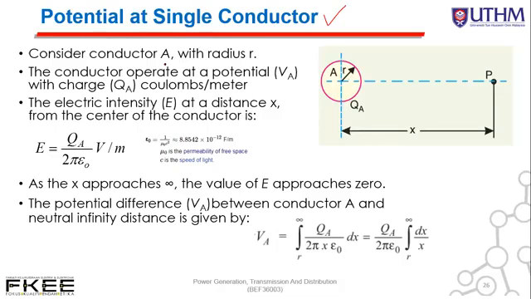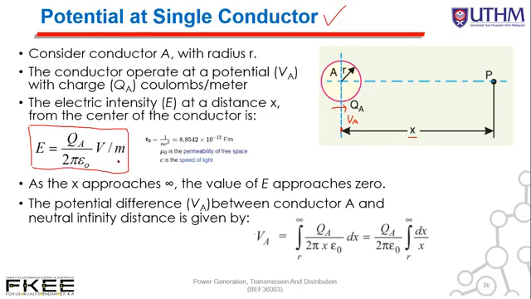Consider conductor A with radius R. The conductor operates at a potential VA with charge QA coulombs per meter, and the electric intensity E at a distance x, see this distance x from the center of the conductor, is E equal to QA divided by 2 pi epsilon naught x.